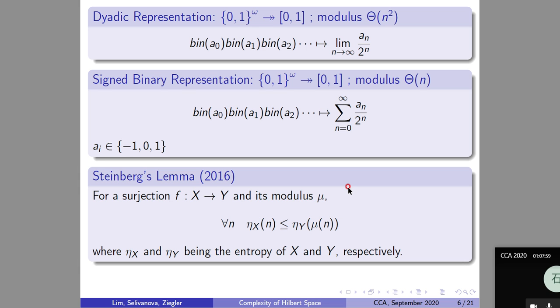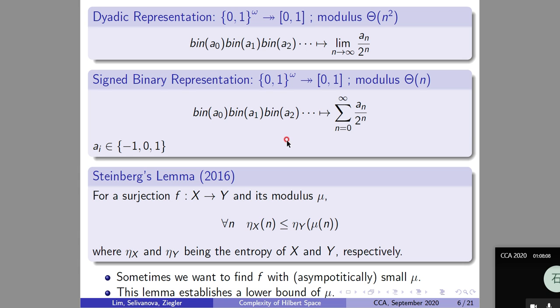Because of this lower bound, the representation for the unit interval has a linear lower bound.